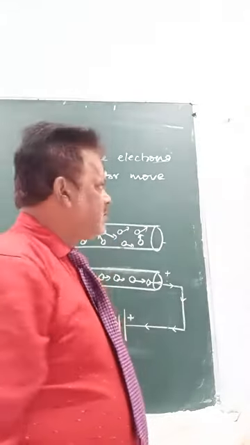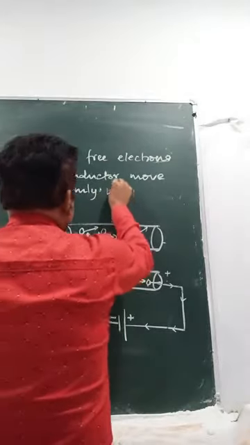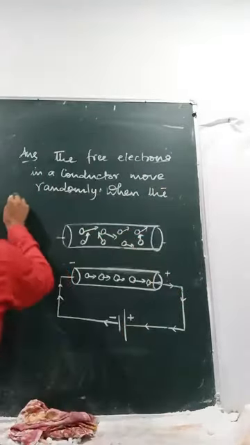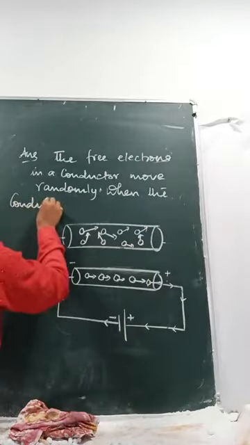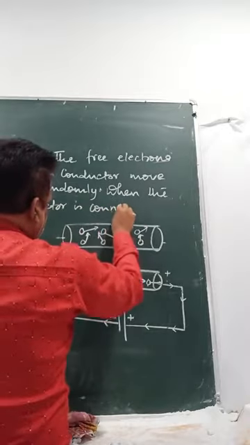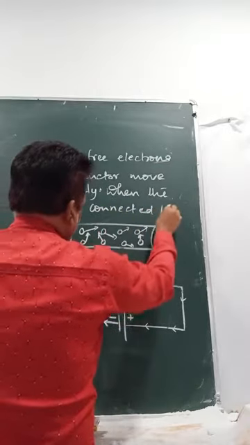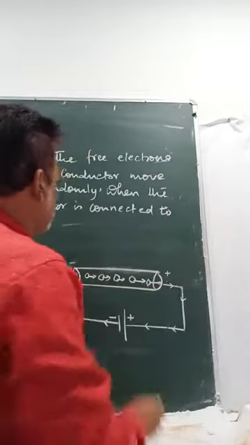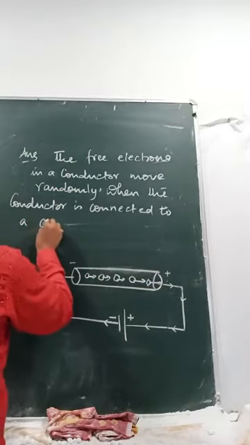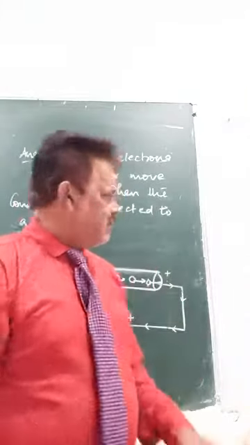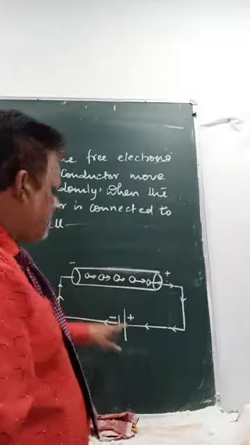When the conductor is connected to a cell, cell means one battery cell. Many cells together will be called a battery.